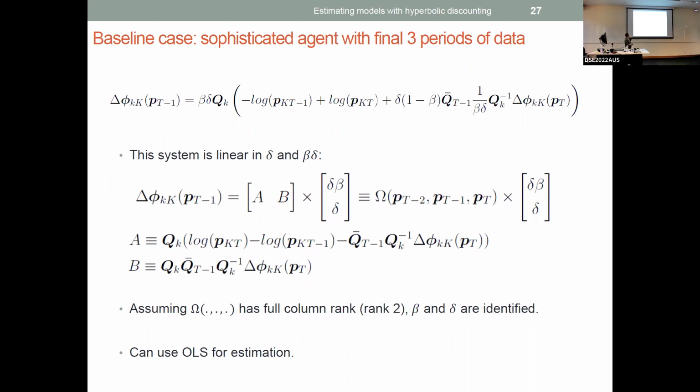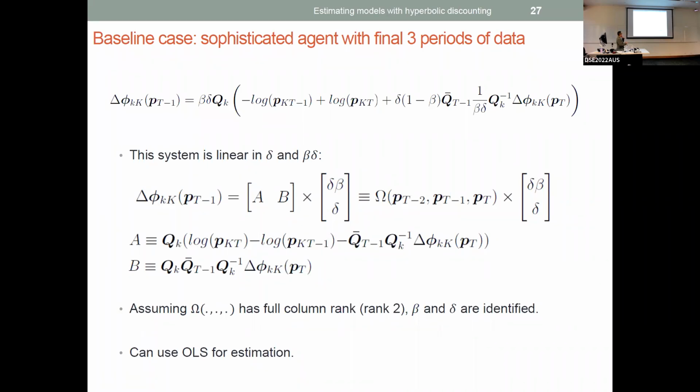But this is just one case where you observe the final 3 periods of data, and you can simplify the expression into a linear system. So the linear system has this form where you have the unknowns as collectively delta times beta and delta.